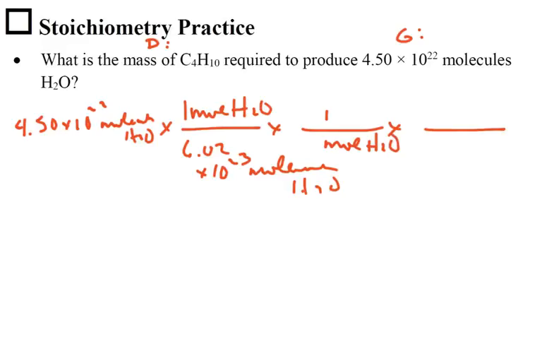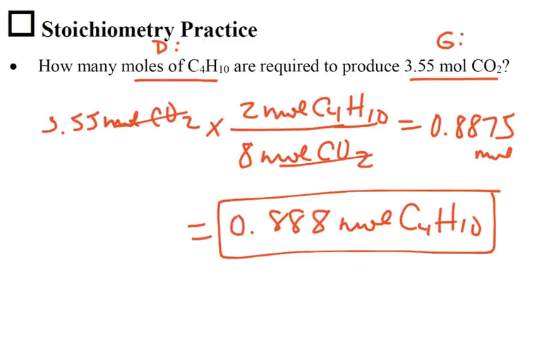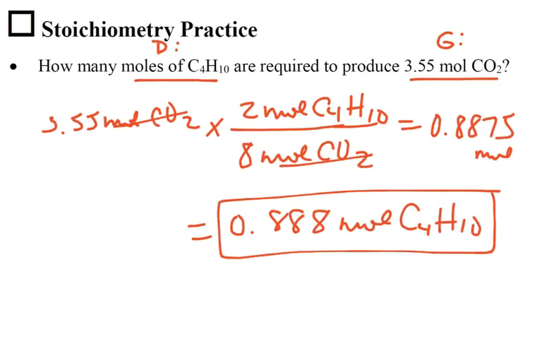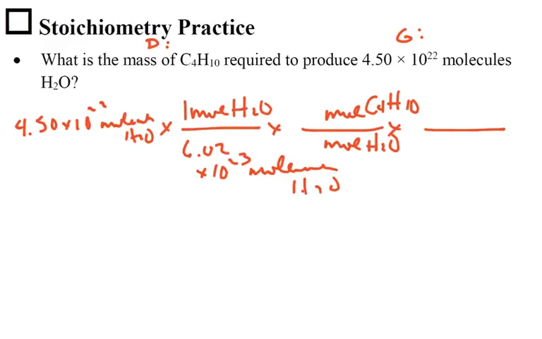And we're trying to get to moles of C4H10. Now to get those numbers, okay, we have moles of H2O, moles, we need 10 and 2 are the numbers we're going to use. So 2 for the C4H10, 10 for the H2O.